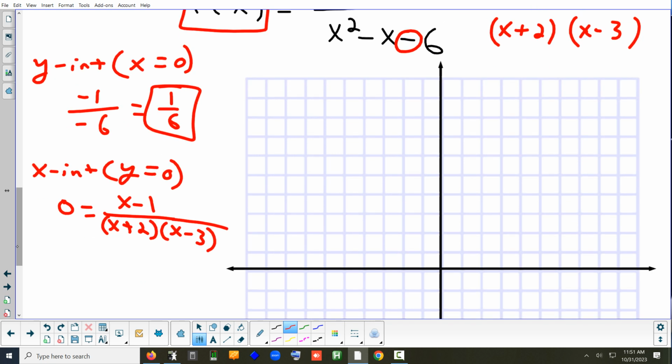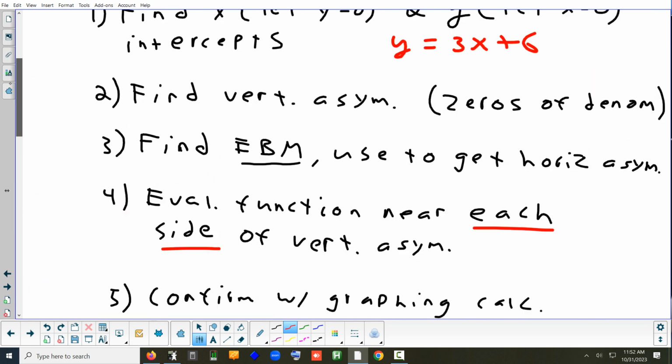It looks like it could be kind of hard, but it's not. When you have a fraction equal to 0, what's the only way that a fraction can ever equal 0? If the numerator is 0. So all you need to figure out is what number makes the top 0. Yeah, 1. There's your x-intercept. X equals 1.